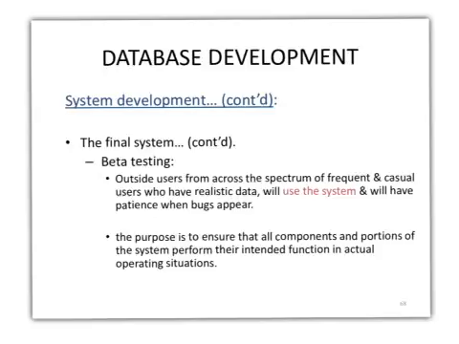Then we go through the beta testing. In the beta testing, we use outside users from across the spectrum of frequent and casual users who have realistic data. It's not just made up data. They will use the system and have the patience when bugs appear.